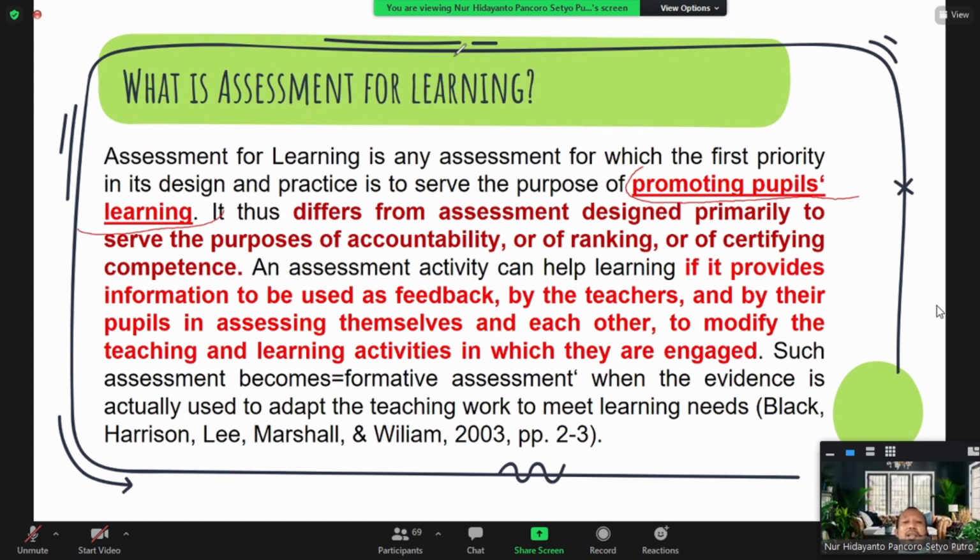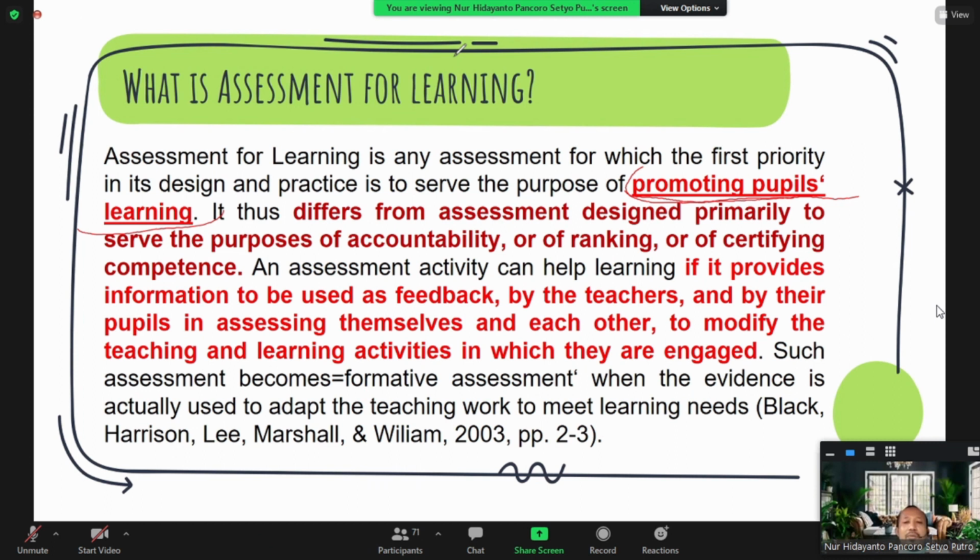And it's pretty different from simply designing and using assessments or tests to collect information, get ranking, and certify competence. It's different from standardized tests like TOEFL, IELTS, and others that simply collect the score and that's it. No. With assessment for learning, our main job is to help students promote their learning.